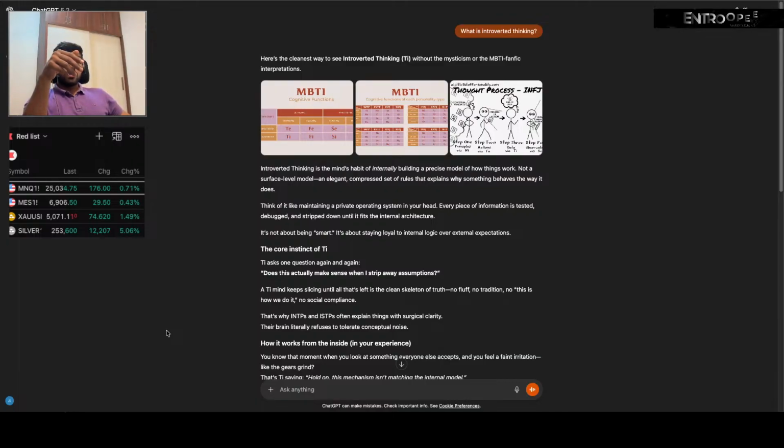Why? Because it involves human psychology, and human psychology is messy. It's irrational. It doesn't follow rules. And INTPs build models based on rules and axioms and stuff like that. With the human mind and psychology, you cannot do that. Interesting, right? So when they try to build the same model on trading, it's extremely difficult.